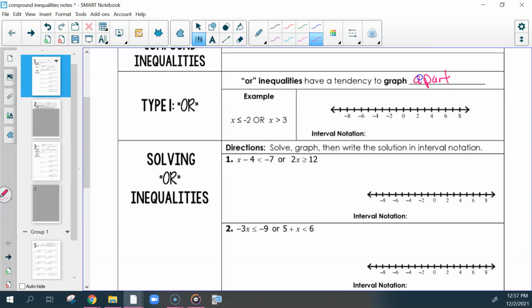So if we were to solve our inequalities and we get these two answers, x is less than or equal to -2 or x is greater than 3, we're going to draw both of these on our number line. Some of you are on your phones and you should be paying attention. So this would be a closed circle at -2, going to the left.